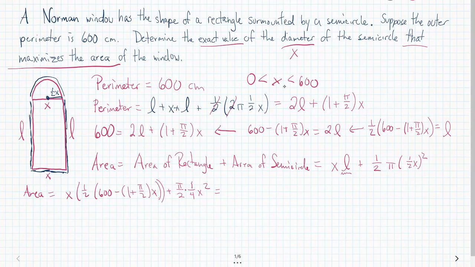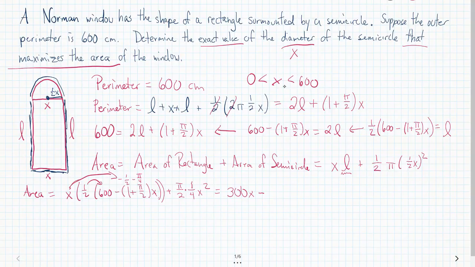Well, you can distribute this x. Notice the 1/2 gets distributed, right? So when you distribute that 1/2, you'll get 300, and when you multiply that x on through, you get 300x. Okay, and now the other interesting part, we'll have minus 1/2 and then minus pi over 4, and each of those are x squared. So minus, because the x has to also go on over this way.